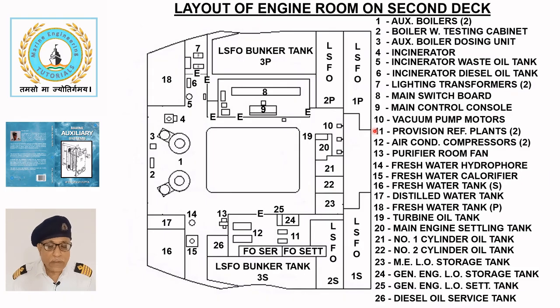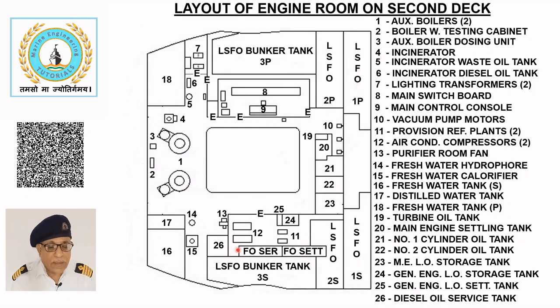Fuel oil bunker tanks, along with their associated settling and service tanks, also extend up to the upper deck. This completes the study of machinery layout in the engine room on third and second deck.